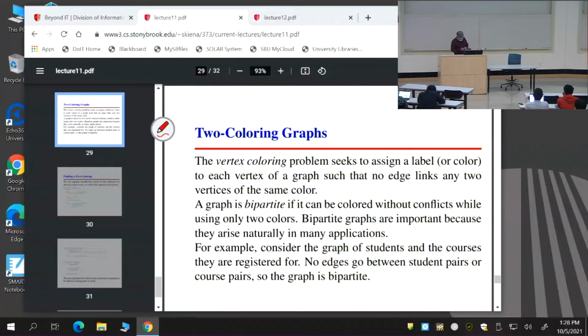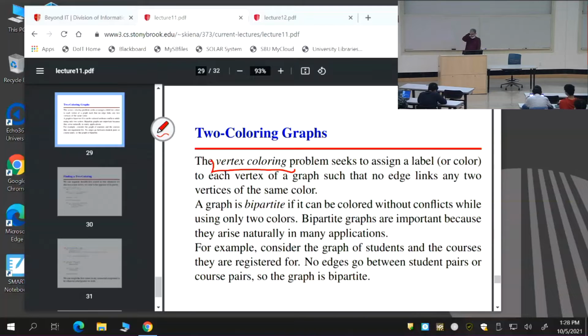One very interesting problem on graphs is the vertex coloring problem. The vertex coloring problem asks, find a way to color the vertices with the fewest number of colors possible, such that no edge goes between vertices of the same color. Okay?